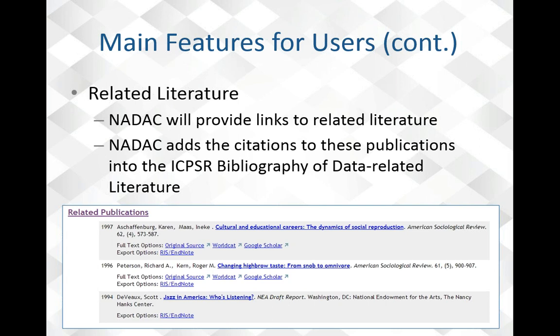NADAC does this to highlight links already done with the data. People interested in reading about NADAC data can use these publications as one of the ways to explore the arts and culture users. Users can find the publication into research, including research reports or results on the NADAC website.